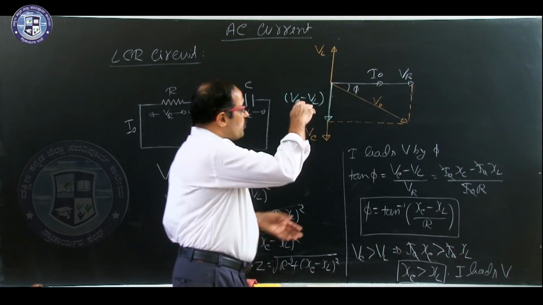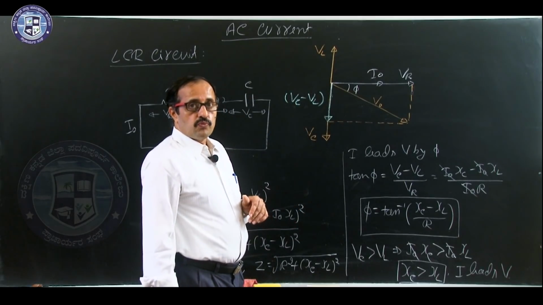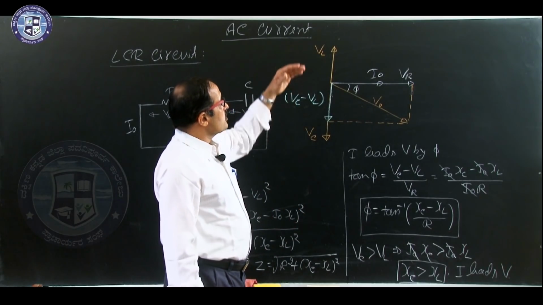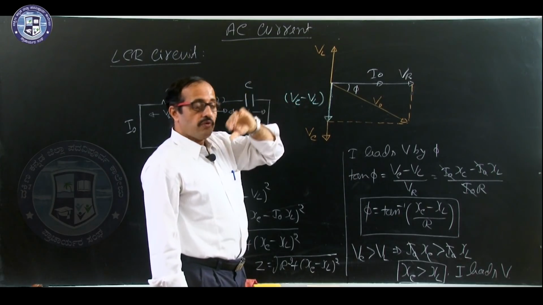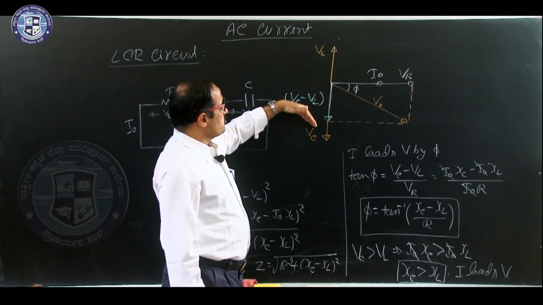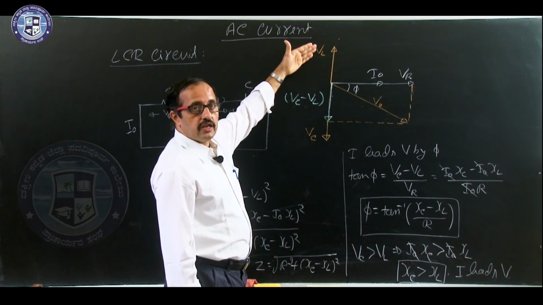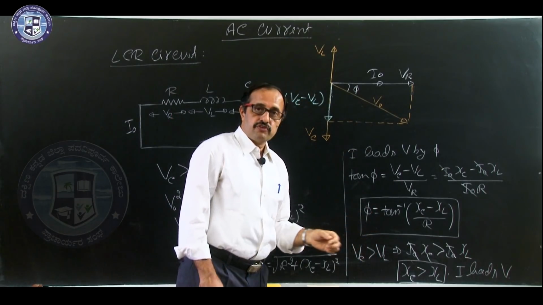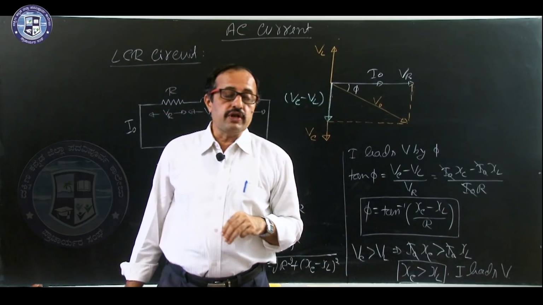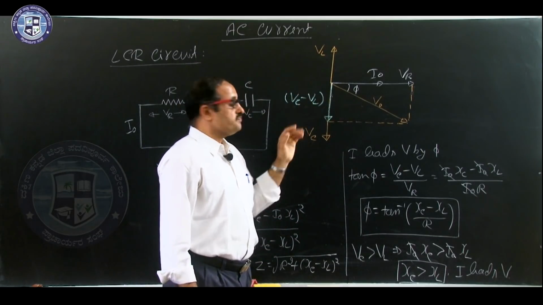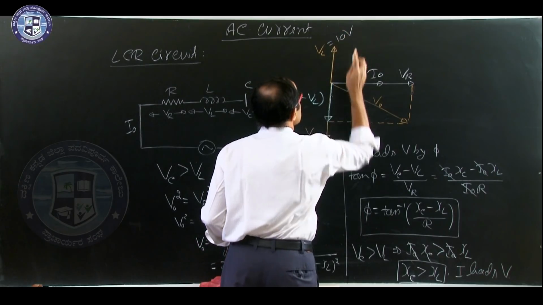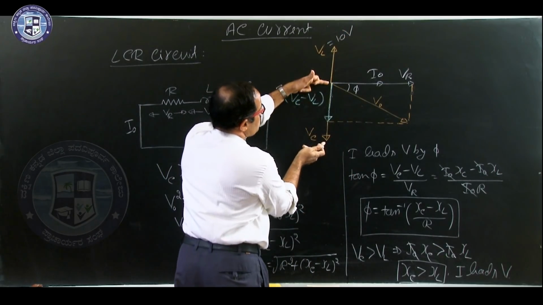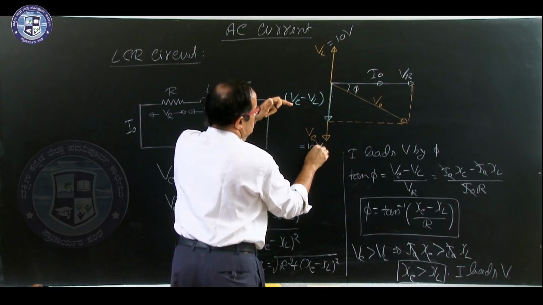Now, we consider one more possibility. What is the another possibility? In the first case, I said VL greater than VC, over. Second step, I took VC greater than VL, that is this discussion. And the third possibility is that they are equal. Think that this is 10 volts and VC is also 10 volts.